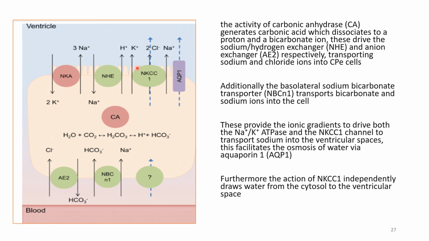And with the help of NKCC, that is sodium potassium chloride cotransporter, it will throw out the chloride ions. And with the help of this also, water will be moving. The dashed blue lines represent the water movement. Water will also be moved through aquaporin 1. From the basolateral side, from which transporter it is entering is not known, but it is going out into the CSF with the help of aquaporin 1 and NKCC1.